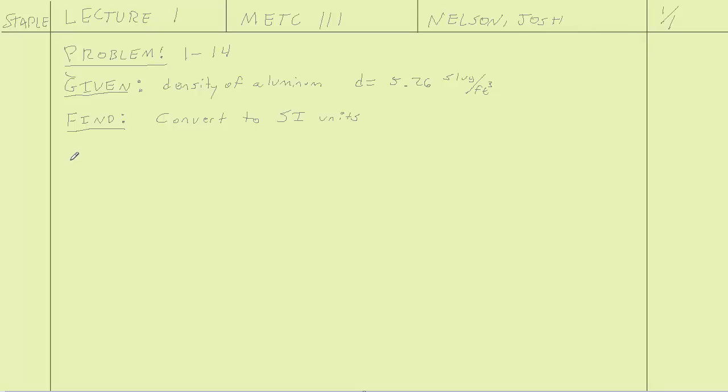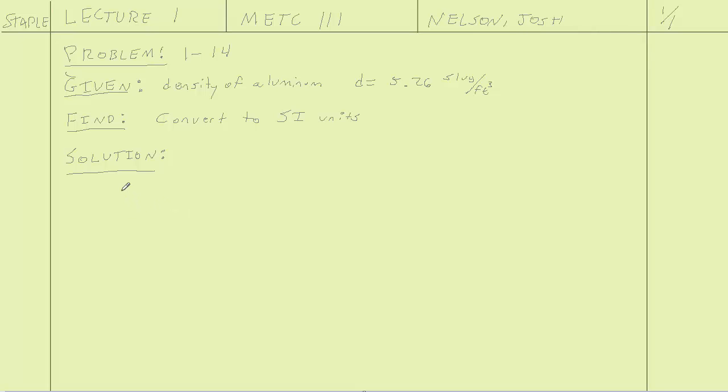Usually the find statement's pretty short. Just be concise and just try to say what you are supposed to do. Next is the solution block. And the solution block is where all of the work happens. Under solution, this is where we write the work.